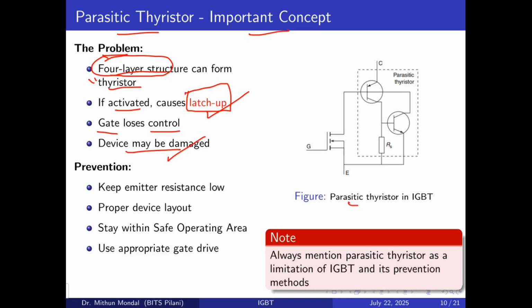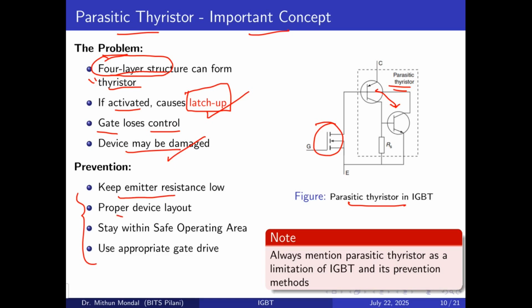Here you can see the parasitic thyristor in the IGBT. This is your MOSFET and the BJTs are connected here. These result in the formation of the parasitic thyristor. How do you prevent it? Keep the emitter resistance low. So in the IGBT, if you keep the resistance of the emitter low, it can be prevented.